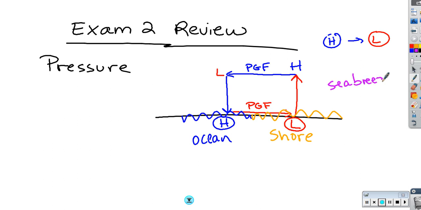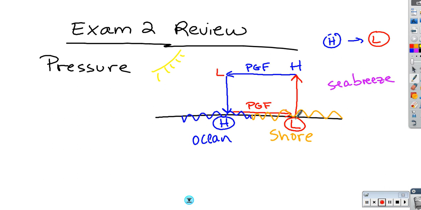So if we want to look real quick why that's the case, the sun being out will heat the surface of the Earth pretty evenly, at least in this area if there's no clouds or anything like that. But the shoreline, the land, will re-radiate that heat much quicker than the ocean will.